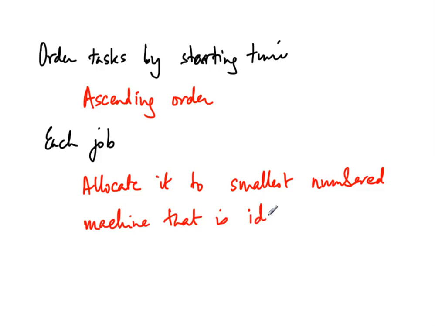There's always such a machine because, as we said, we assume that we always have at least n machines for our n tasks, right? So if nothing else is free, we can always get a new machine for each task. But in the best case, we will actually reuse a machine which has already been in use.